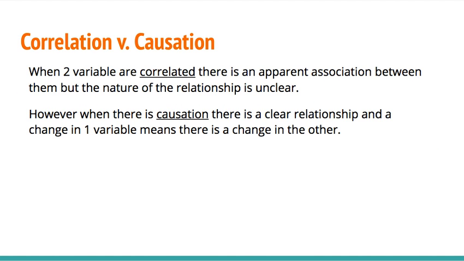As political scientists, it's important to look at the difference between correlation and causation. When two variables are correlated, there's an apparent association between them, but the nature of the relationship is unclear. An example of this that your textbook talks about in Chapter 1 is the fact that most Western industrialized democracies happen to also be some of the most developed countries in the world.